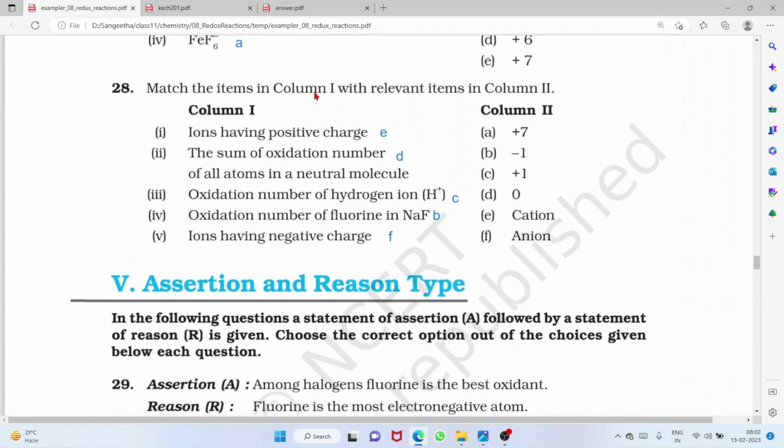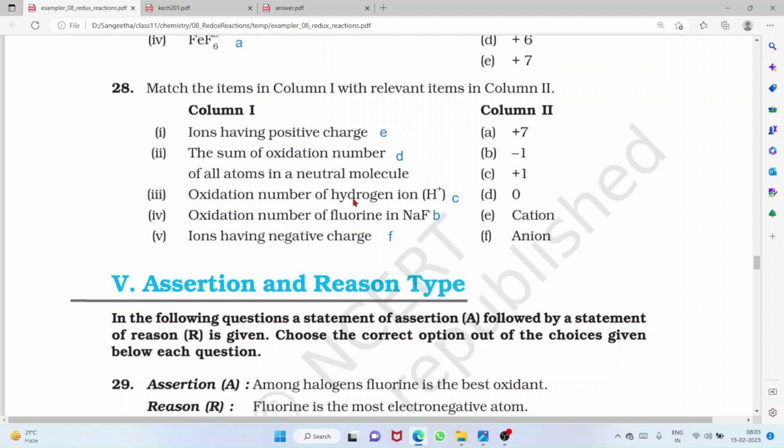Match the items in column 1 with the relevant items in column 2. Ions having a positive charge are called cations. The sum of oxidation numbers of all atoms in a neutral element is 0. Okay, a neutral molecule is 0. That is this.